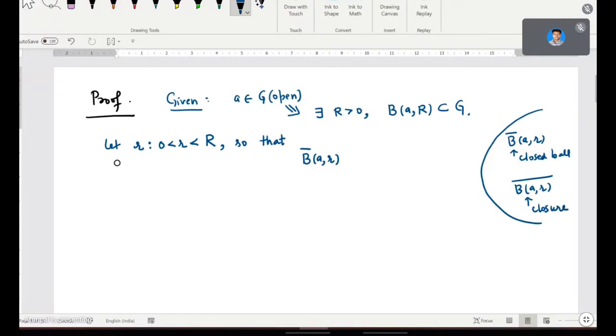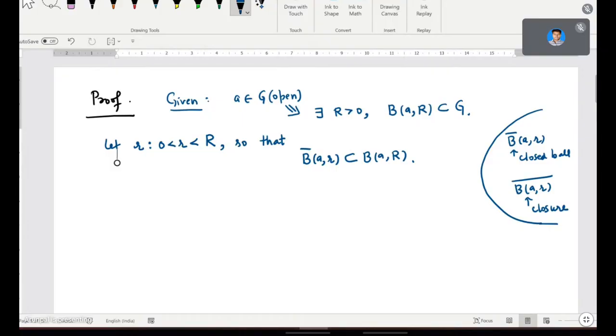Is this okay, class? Yes, sir. Clear. So there should be no confusion. So the corresponding closed ball still sits inside this. We choose a small r like that. So we can always do this.